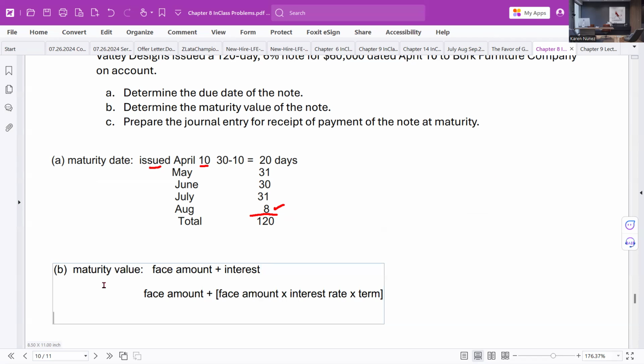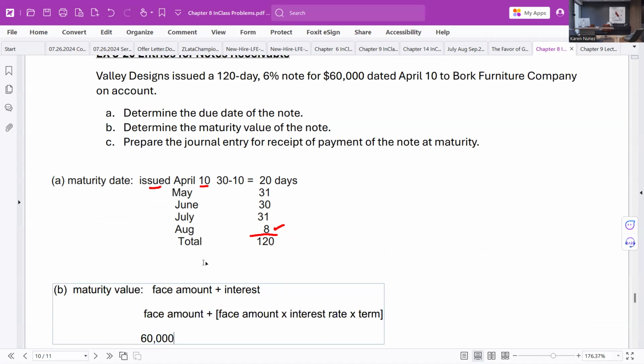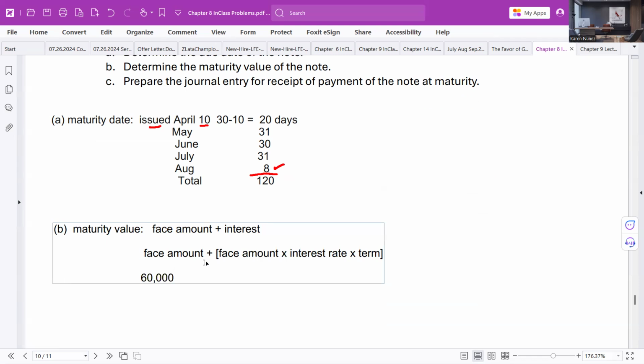So let's fill in some numbers here. The face amount of this note is $60,000, 6% interest, 120 days. So 60,000 plus the 60,000 times the 6% interest times the term, 120 divided by 360.